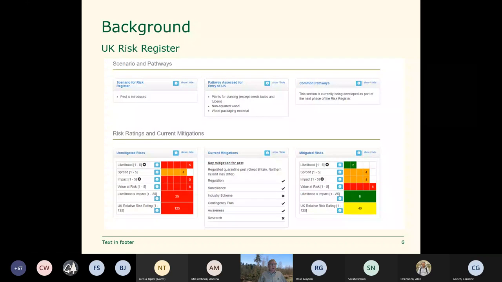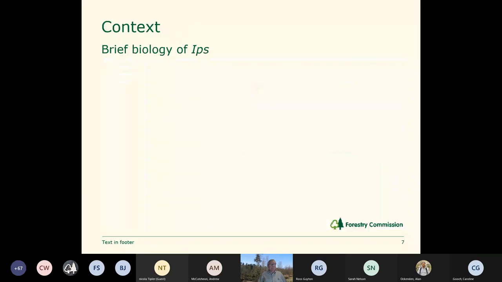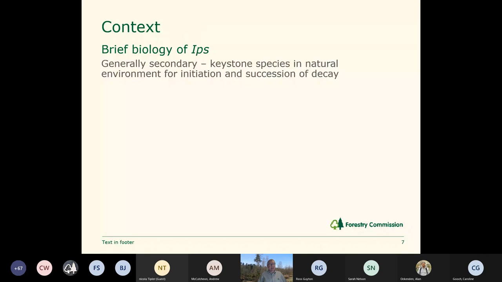So, as a brief biology, it's generally a secondary pest. It's a keystone species in the natural environment, so it's really part of that cycle of decay and succession, and many of the larger natural forests in Europe, particularly the spruce forests, can be traced back to significant events over the last 300 or 400 years, where bark beetles have in effect reset the succession.